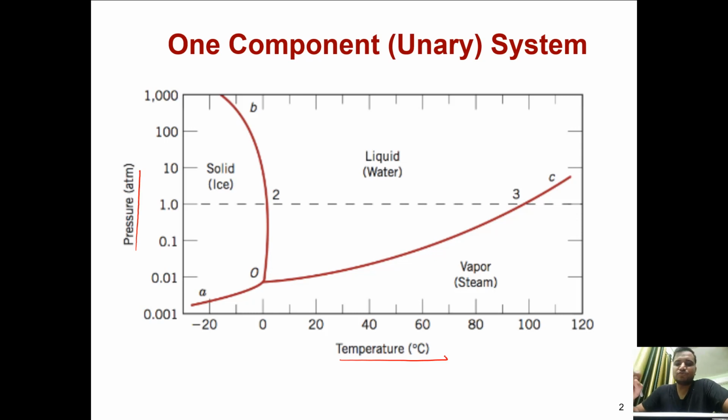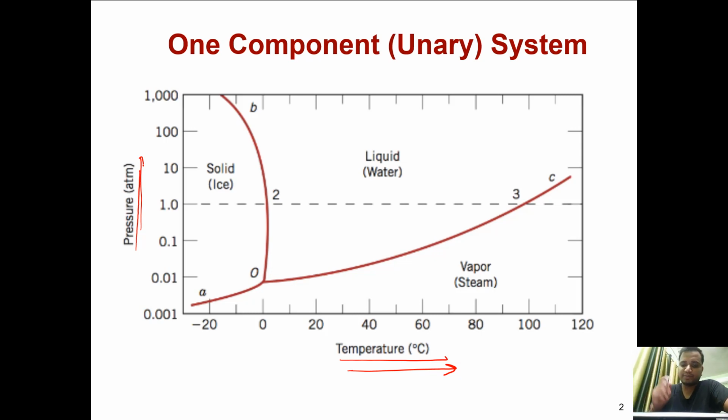Now to understand it, simply take the case of the liquid, that is water. We know at room temperature it is liquid, but as we cool down it becomes solid, right? And if you heat it, it becomes vapor. So the x-axis is the temperature and this is the pressure. What is the normal pressure?